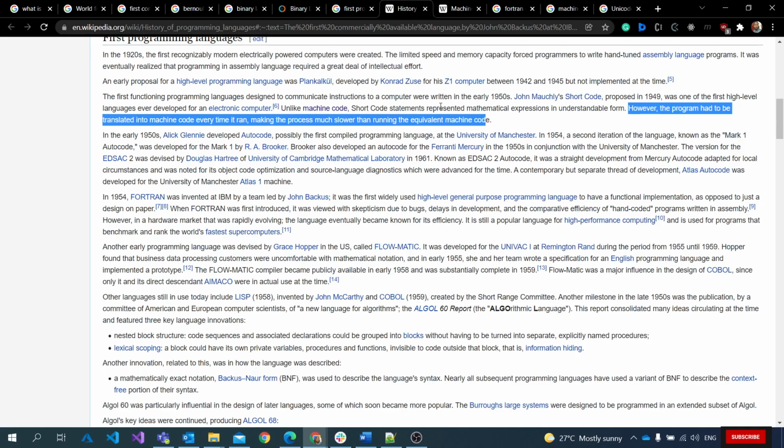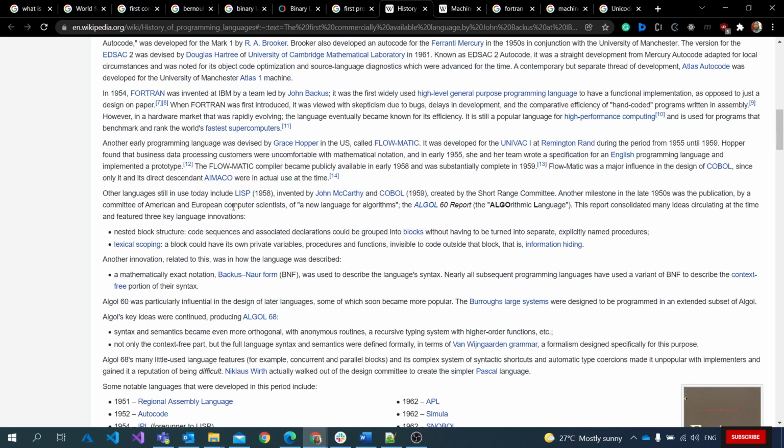Because it had to be translated, there were performance issues. Hence people didn't go for these human-readable programming languages at that time. Because remember, computer resources were also limited back in the day.